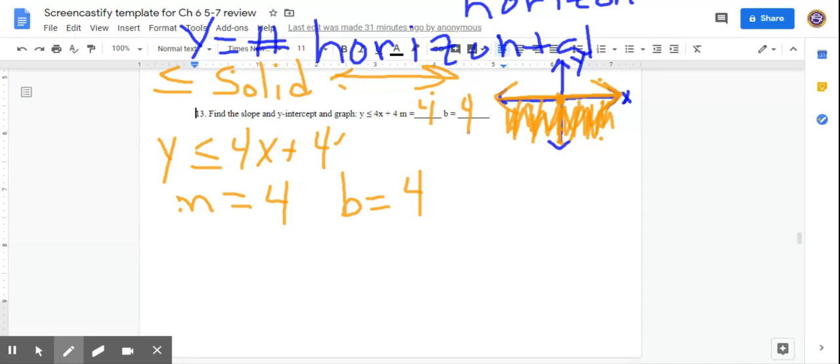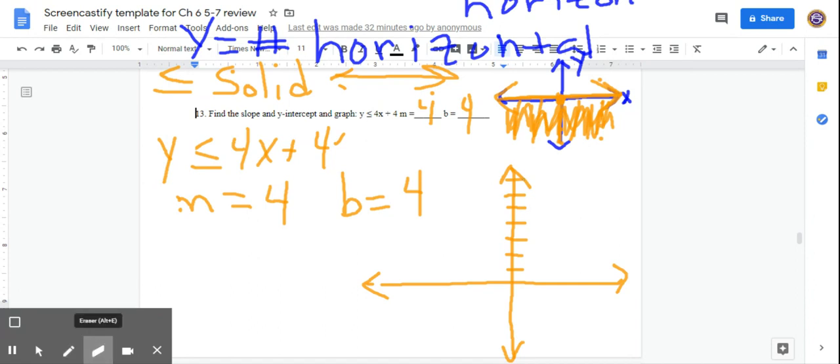Now we're going to graph. So we draw our x and y axis. 1, 2, 3, 4, 5, 6, 7. I'm going to make this a little bit bigger.